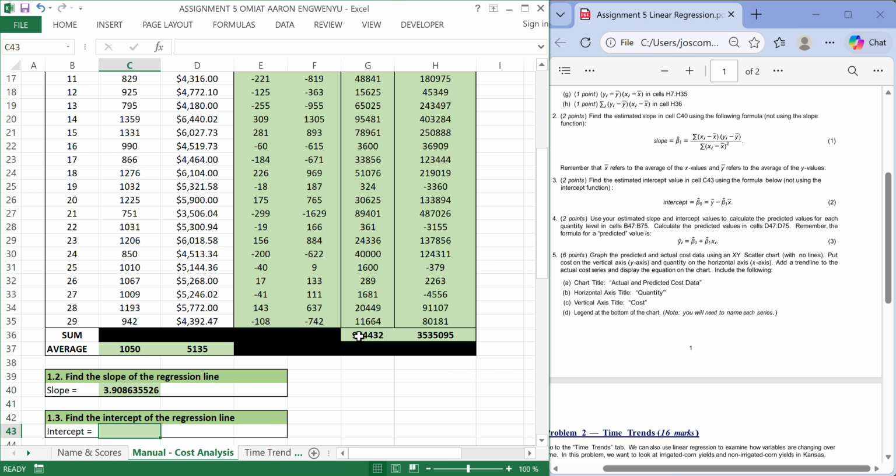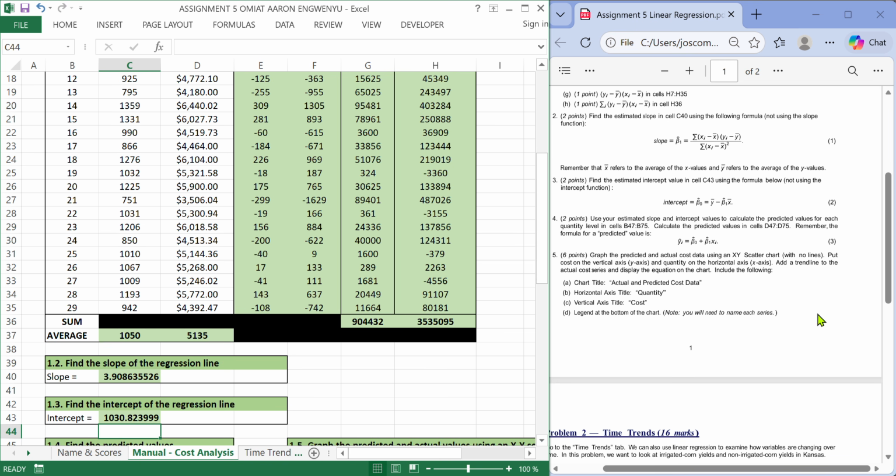So equals the average of y, which is this, minus the product of this and this. There we have it. Just follow the formulas.